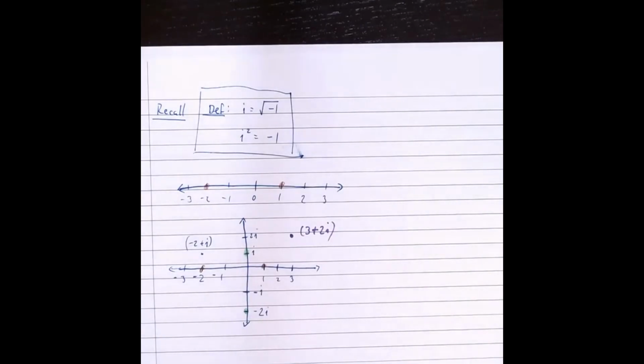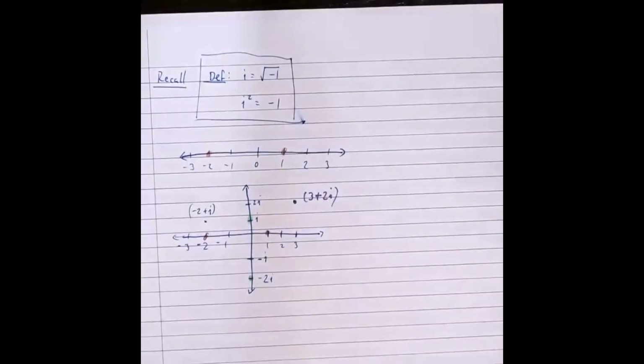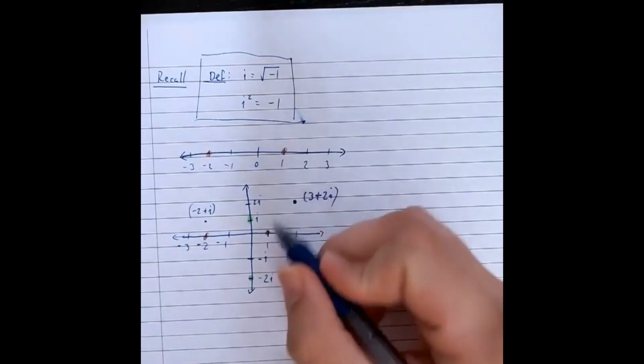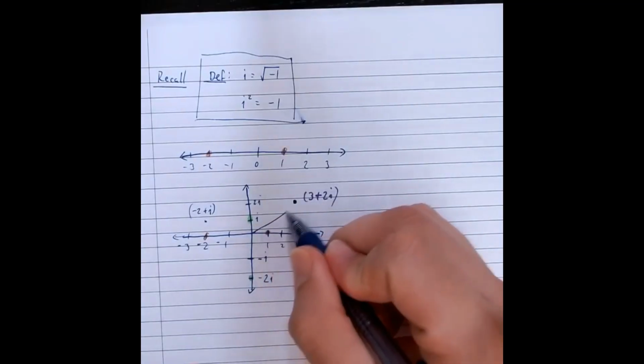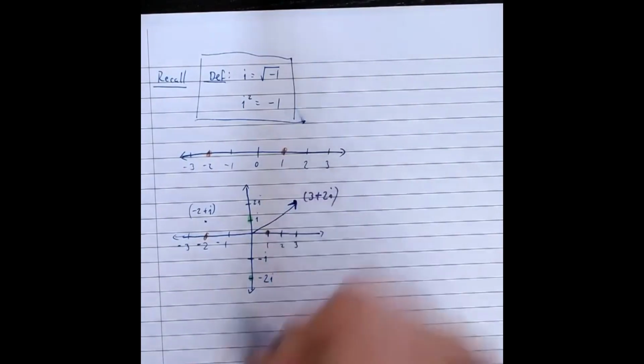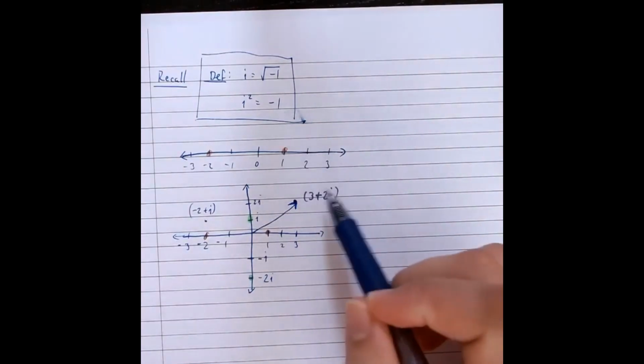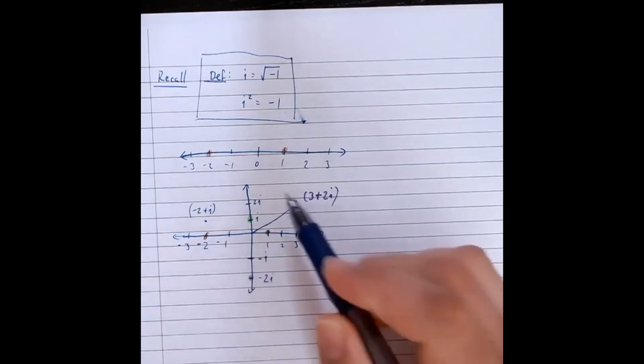But now notice, these points on this complex number plane are points on a plane, which means I can consider them as the endpoints of a particular vector. So whenever you have a complex number, you can think of it as a number. You can think of it as a point on the complex plane.